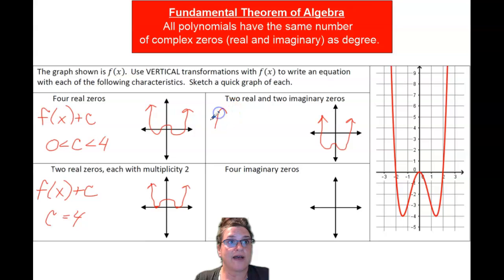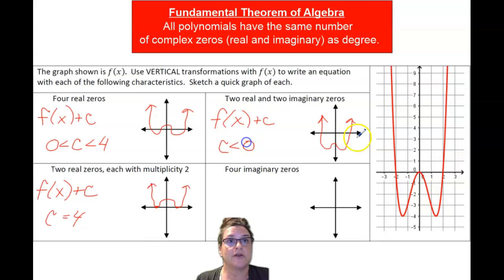So f of x, we're doing vertical transformations. So I've got my f of x plus c, and now I want my c to be negative because I'm going to move this entire function down. So my c is going to need to be less than 0.